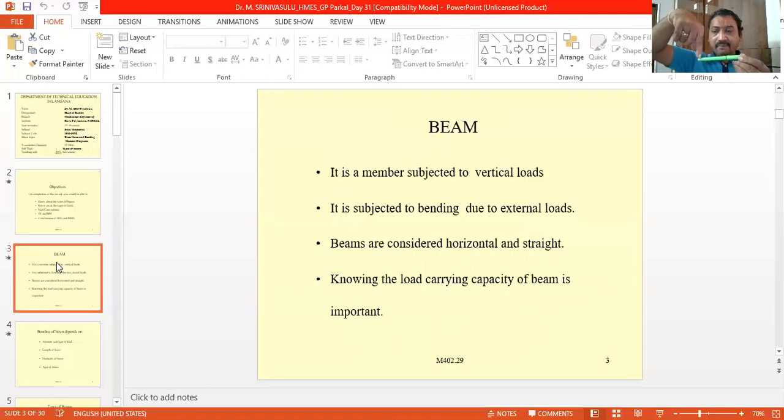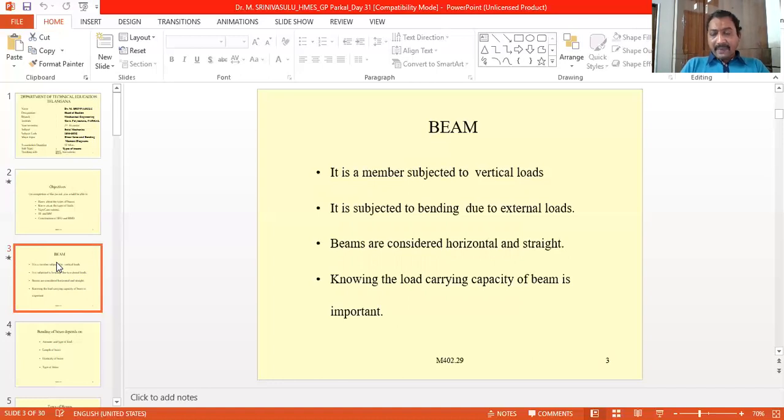The load will act perpendicular to the axis of the beam. The axis is horizontal, parallel to the ground. The load will be acting at 90 degrees to the axis of the beam.